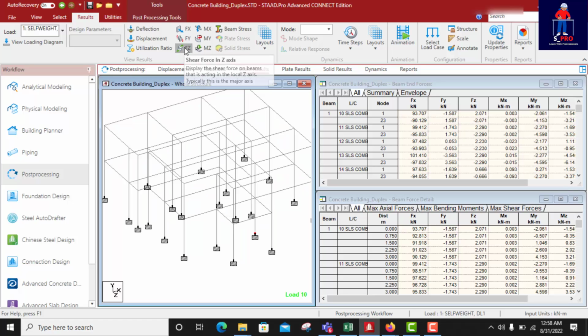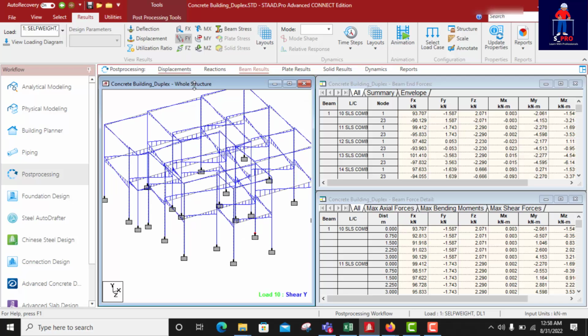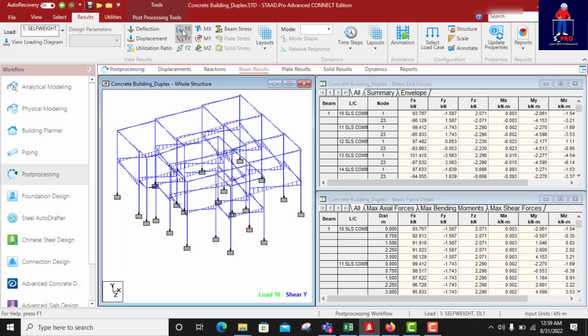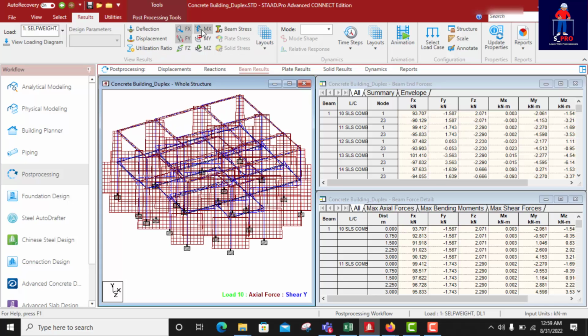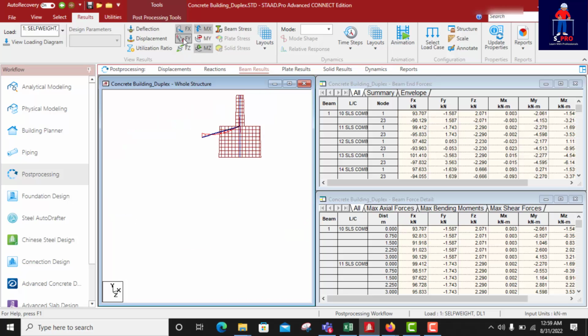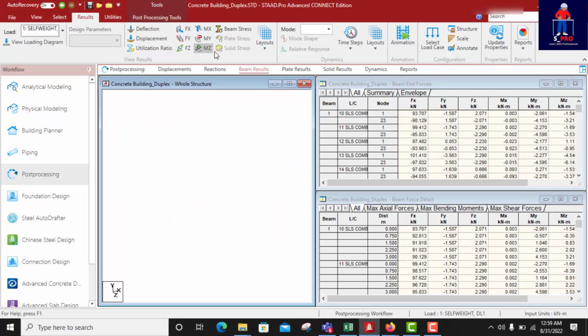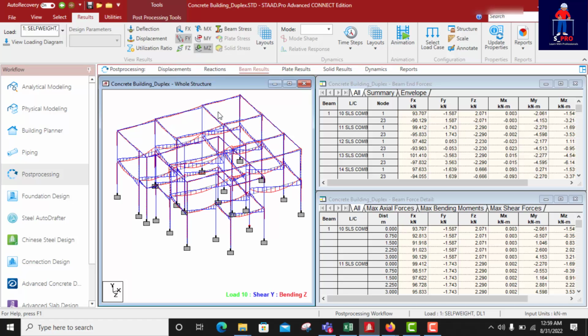From here you can switch it to FZ if you want to display that one. FY is for shear force, FX, MX. But what we normally use is, let me disable those ones. MZ and FZ, they are the shear forces and bending moment, the ones we know.